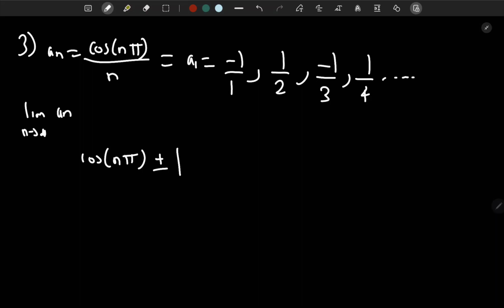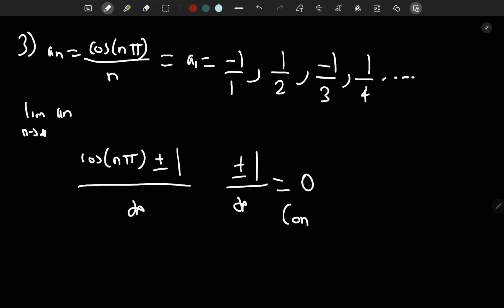The range is between negative 1 and 1 basically. And in the denominator we have n, and n is approaching infinity, right? So we have basically plus or minus 1 over infinity, which is equal to 0, as any number divided by infinity is 0. So this is a converging limit.